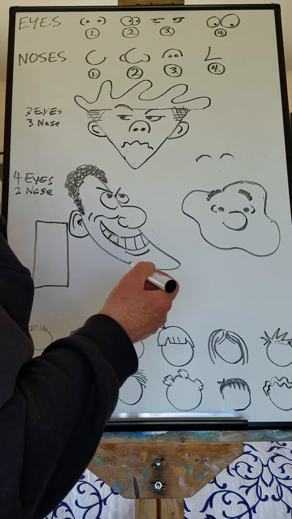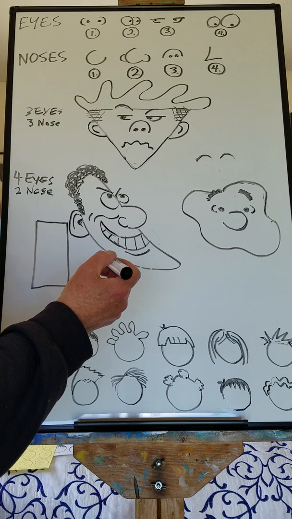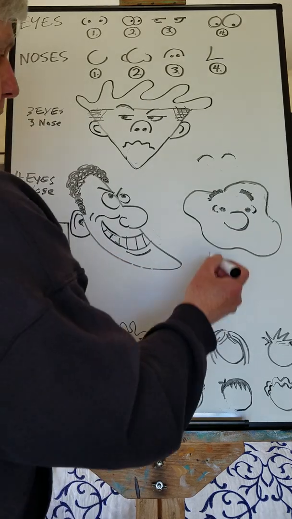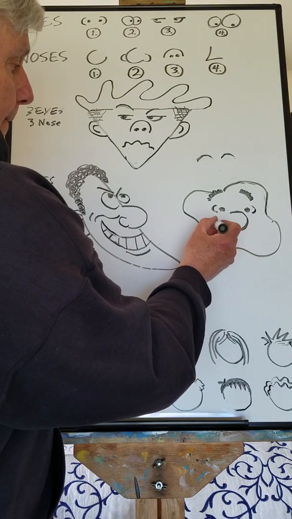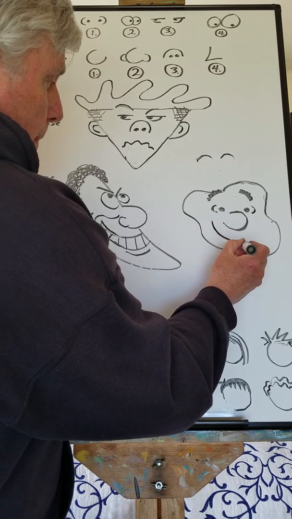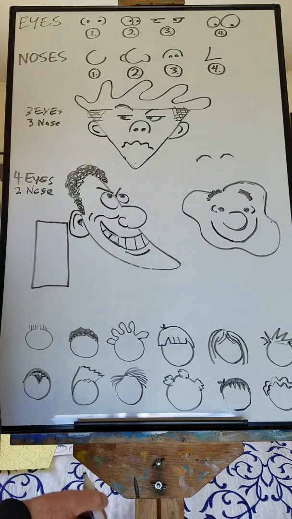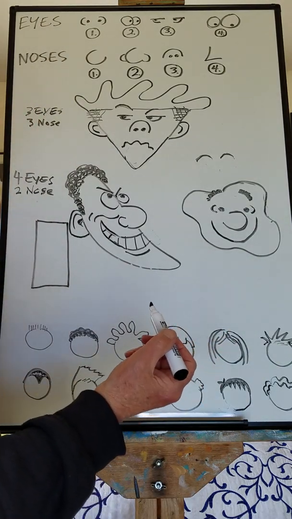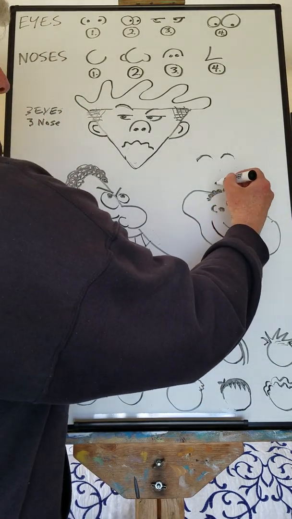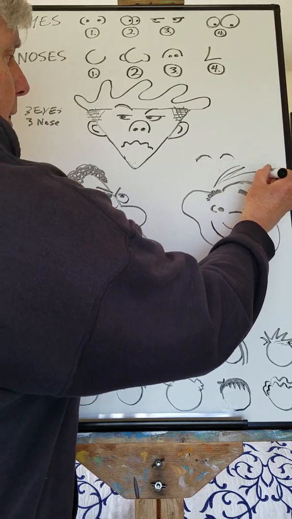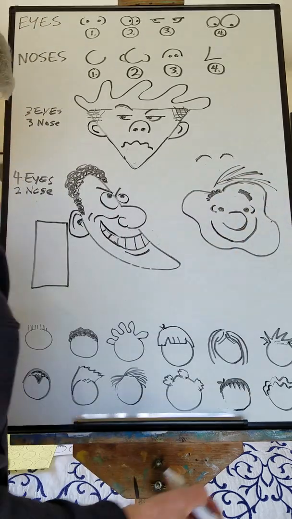And what kind of mouth goes on this guy? I was going to do a smile, curving up. There we go. All sunshiny. And then let's give him some hair like this. That's this hair down here.